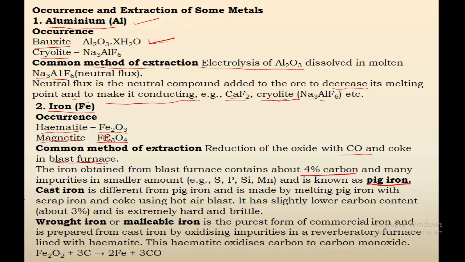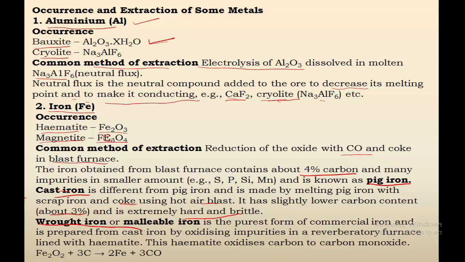Another type of iron is cast iron, which is different from pig iron, and it is made from pig iron by melting it with scrap iron and coke using a hot air blast. It has a slightly lower carbon content, about 3%, and it is extremely hard and brittle. Remember the properties of these types of iron.